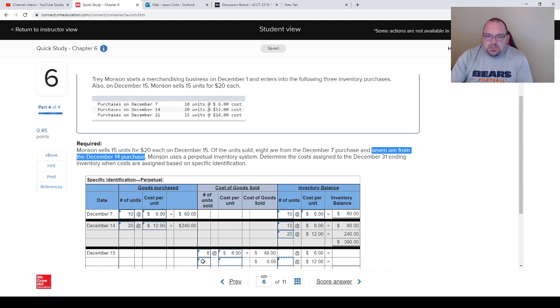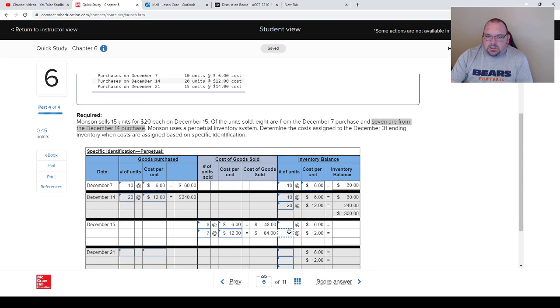So 7 are at the $12 a piece price. So I got 10 units, I sold 8, so there's 2 left. And then I've got 20 units, I subtract 7, so there's still 13 left at $12 a piece.